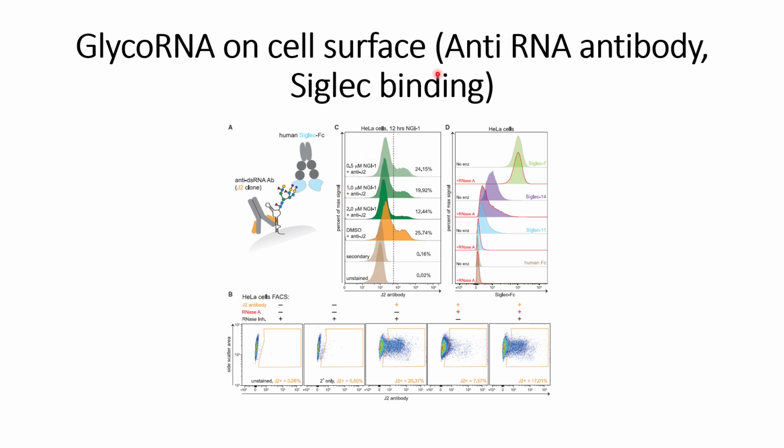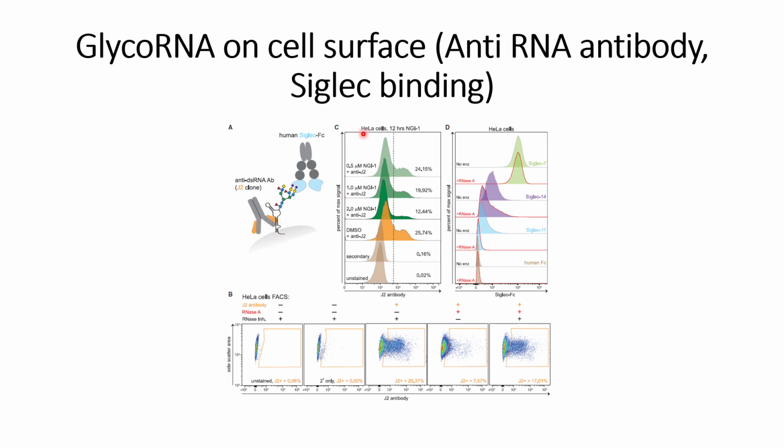Next, apart from these two, they also used another approach, based on the findings of previous figures. They have identified that this GlycoRNA might be processed through the N-glycosylation pathway.